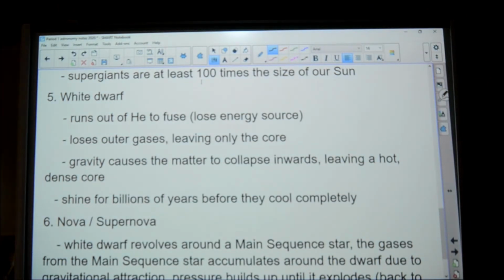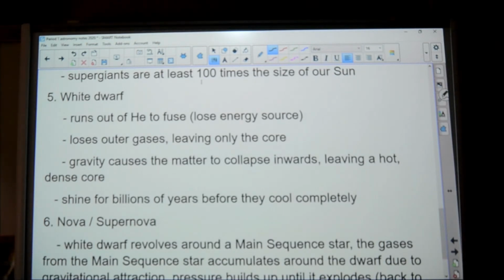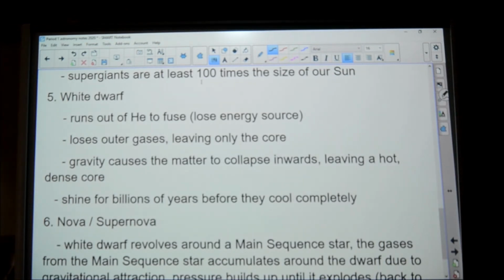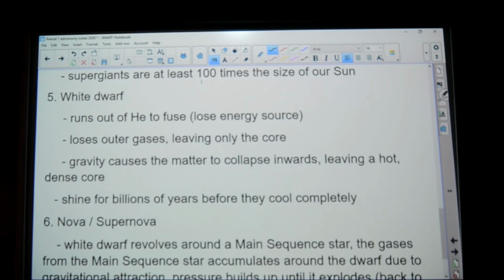Or what can happen is it gathers energy from another star, accumulates that, and then it causes a buildup and it explodes, and I am into my nova or supernova. If it was originally a giant, it'd be a nova. If it was originally a supergiant, it'd be a supernova. That gives me all that gas and dust once again, and then I would circle back to nebula. So that's its entirety.